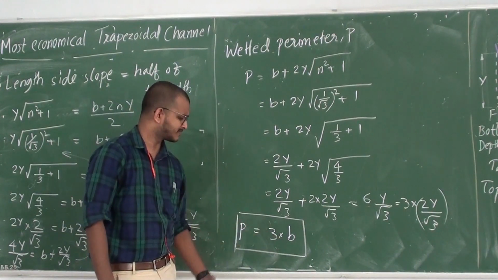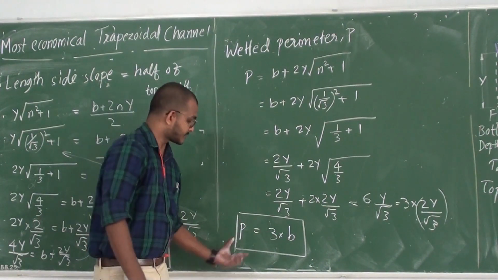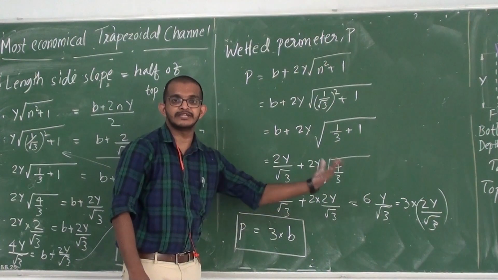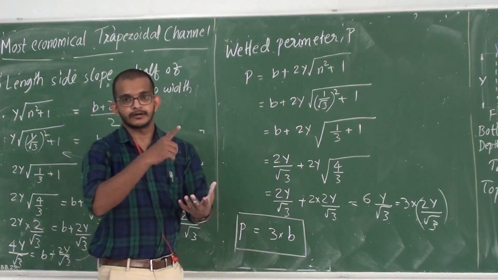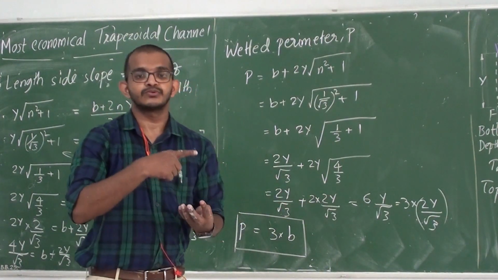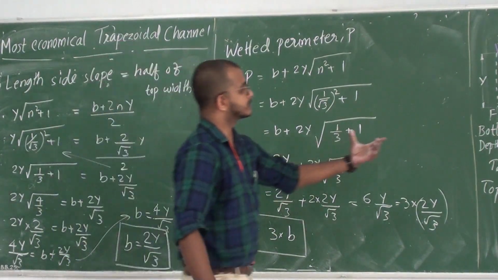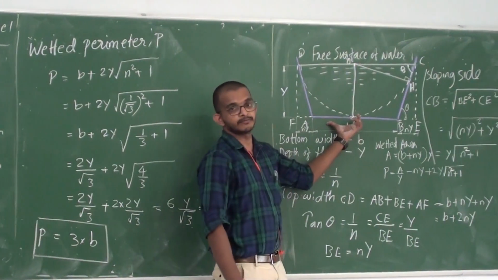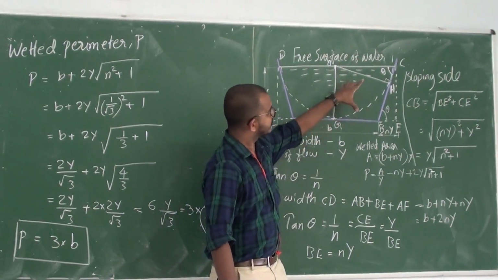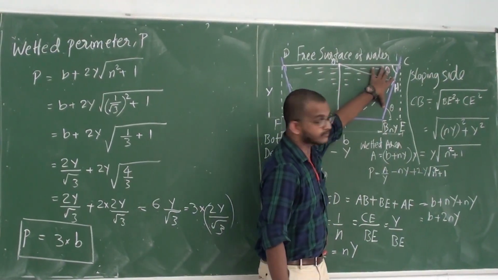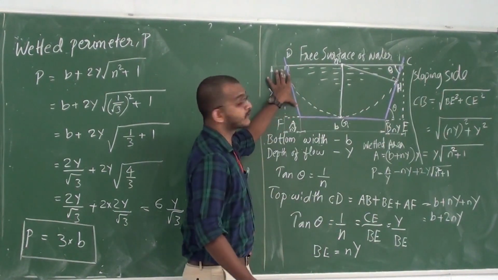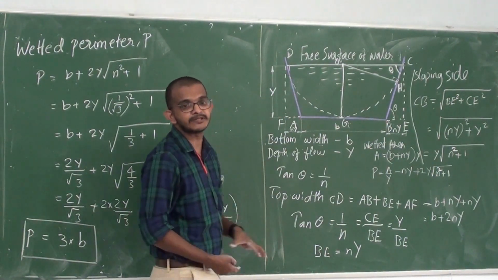So what does that mean? The wetted perimeter P is equal to b plus b plus b. That means the bottom width b is equal to the length of the side slope b. Okay. So bottom width b is equal to side slope, that is also b, this side also b. So b plus b plus b, that is 3b.